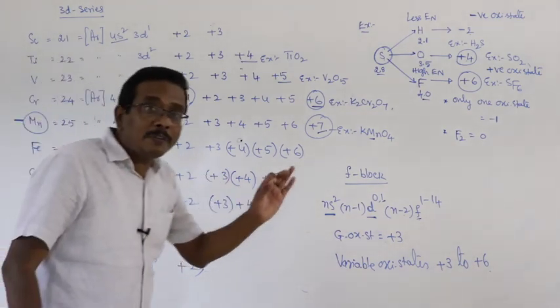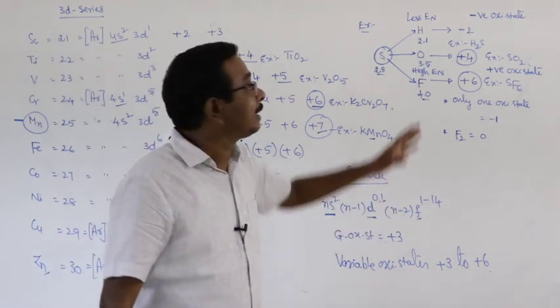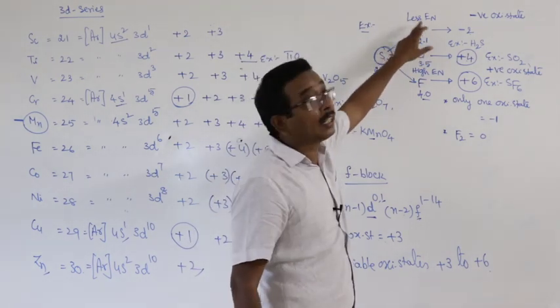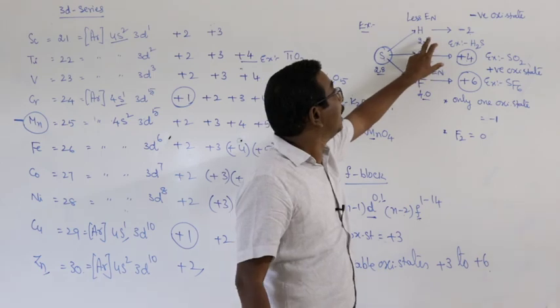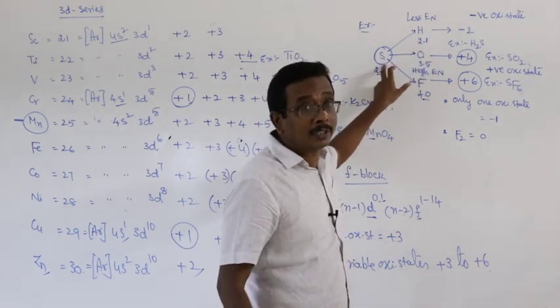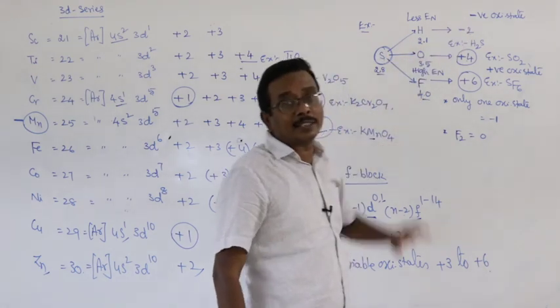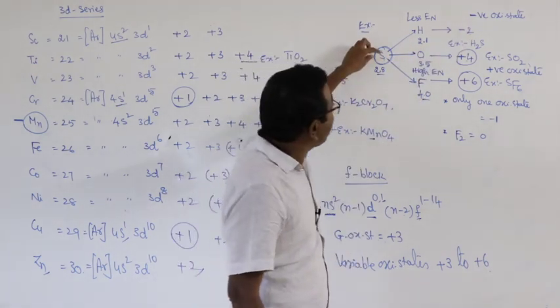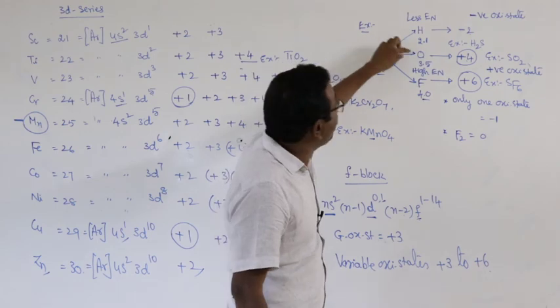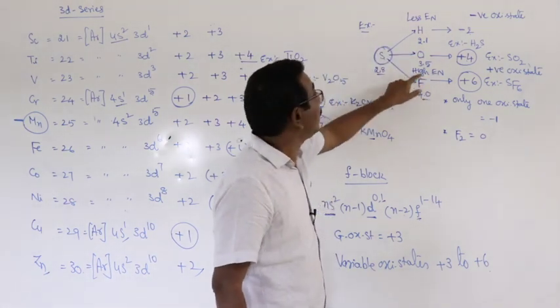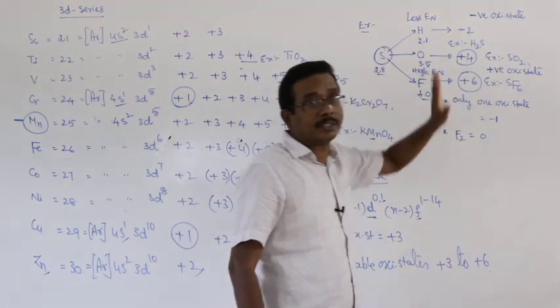When an atom of an element combines with a less electronegative atom, it exhibits negative oxidation states. When it combines with a more electronegative atom, it exhibits positive oxidation states.